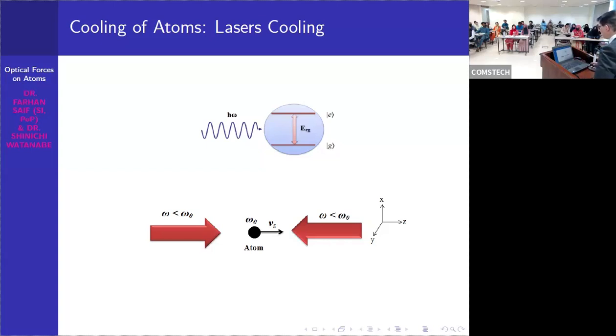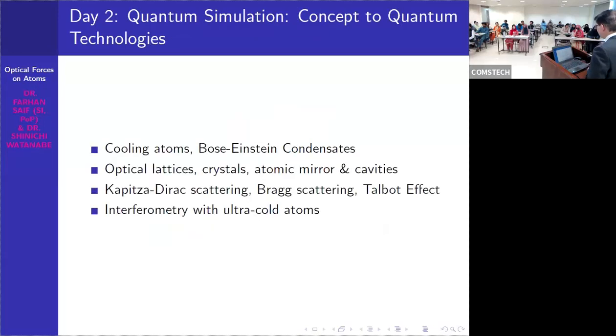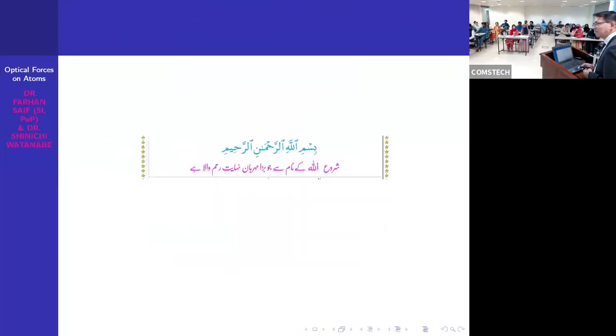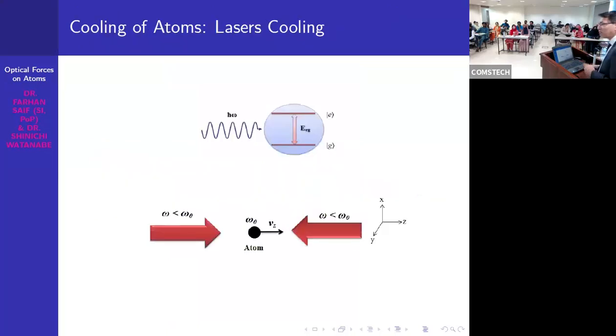So this phenomenon is very useful in performing laser cooling, because in the experimental setup, how we proceed is that we have our atoms, and these atoms are going to observe an optical radiation field, and this radiation field is in the opposite direction from the direction of propagation.